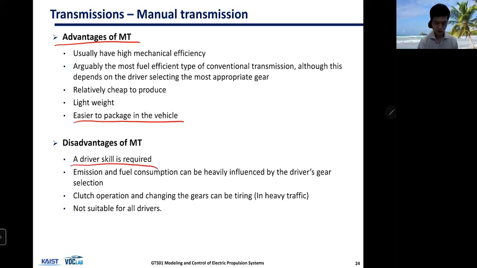Driver skill is required because it's manual. Emission and fuel consumption can be heavily influenced by the driver's gear selection. Clutch operation and changing gears can be tiring in heavy traffic, traffic jams. So it's not suitable for all drivers. Okay.